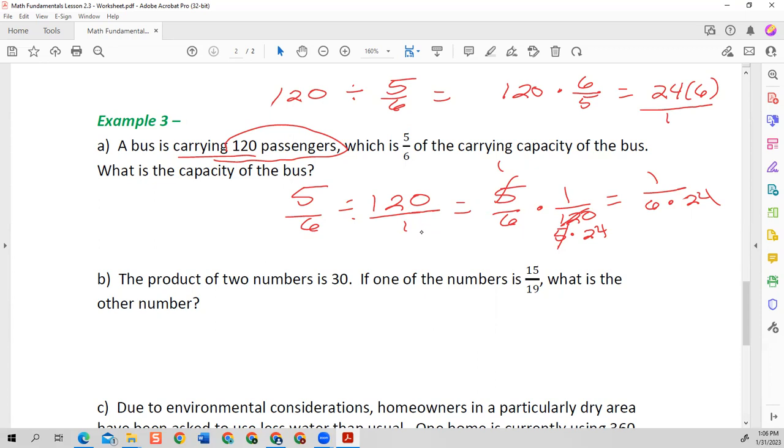So we know that 24 times 6 gives me 144. So this here says, what is the capacity of this bus? It's saying 144. Or does it make sense to say 1/144? So let's talk about this in class. Let's bring this up in class. You tell me.